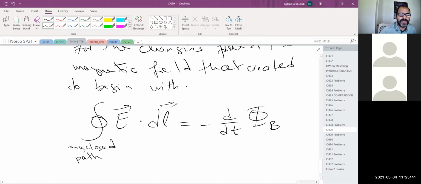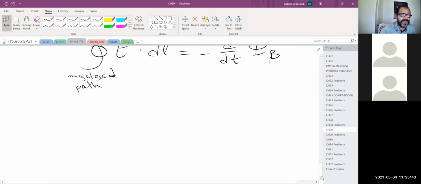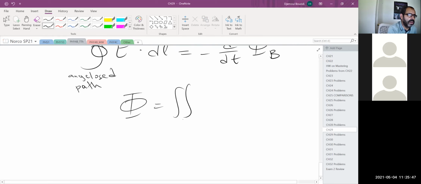I remind you that the flux of the magnetic field, again, is written as the surface integral over a closed surface. I mean, not closed surface, that gives you 0. Of a surface, the surface must be enclosed by that path in here. No, there is an overlap. I'm sorry, there is an overlap, unlike the other one in here, of B dA.